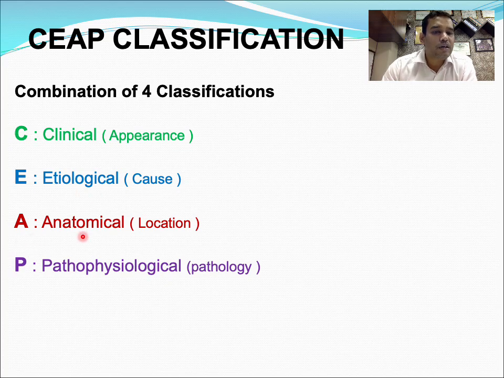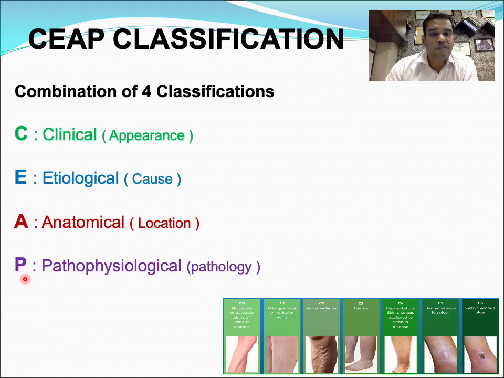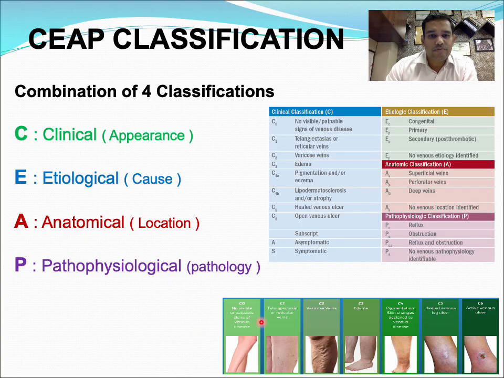Third is anatomical, which type of vein it is involving, whether the superficial venous system, the deep venous system, or the perforator system. And P, that is pathophysiology, what changes have occurred in the vein that have led to the varicose vein formation. So these are the types of varicose veins.